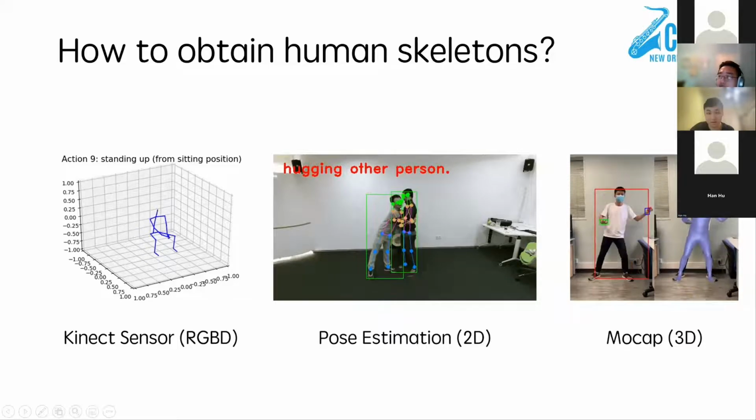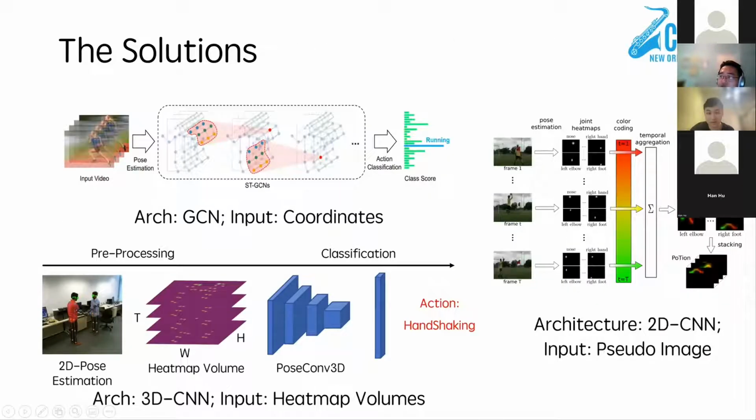As a long-standing topic, there exist multiple solutions for skeleton action recognition. Generally speaking, there are 2 main paradigms, the GCN-based approach and the CNN-based approach.